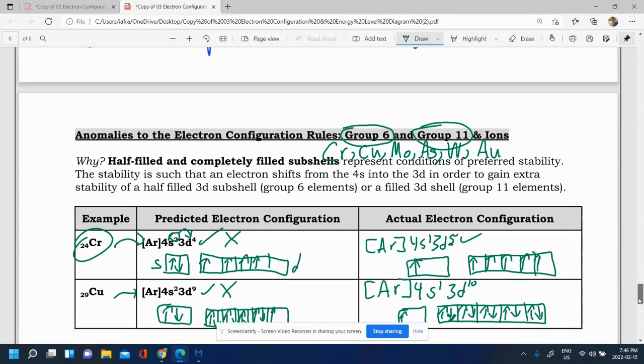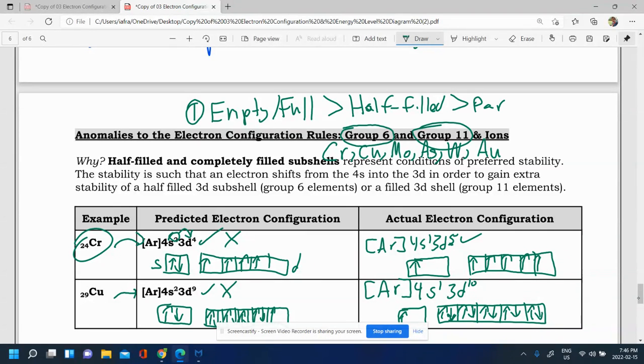Generally, when we look at the order of stability of subshells and orbitals, what we find is that the empty or full are more stable than half-filled orbitals, and those are more stable than partially filled, in other words, not half.